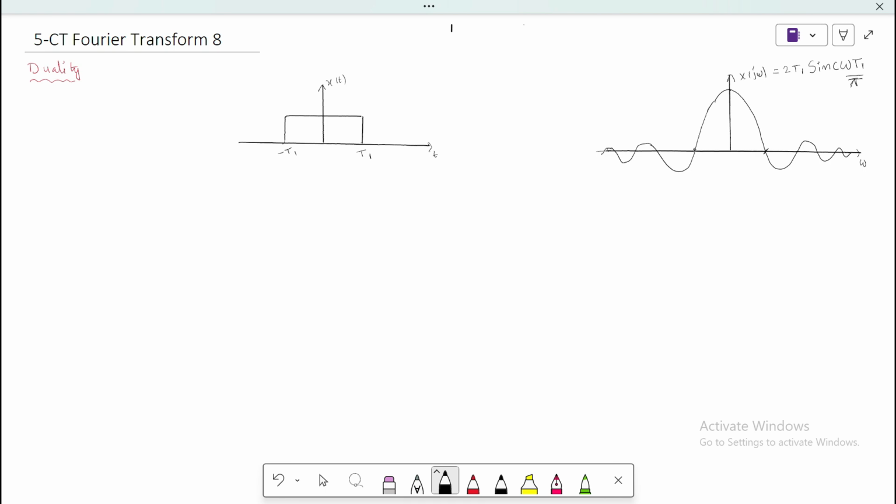This is pi by T1. This is 2 pi by T1. Similarly, this is the negative side, minus pi by T1, and this is minus 2 pi by T1. Continuous time Fourier transform.